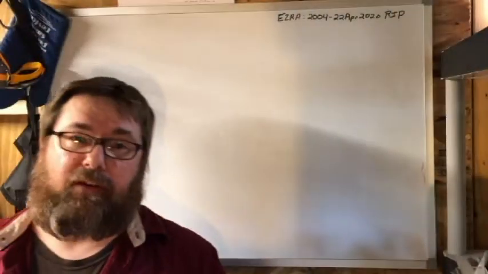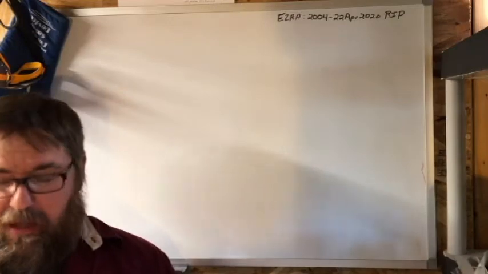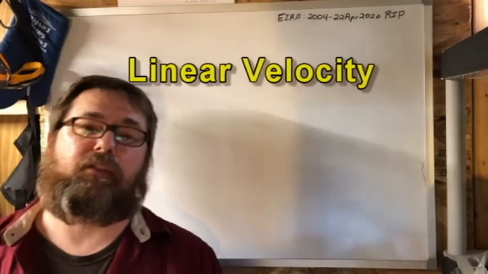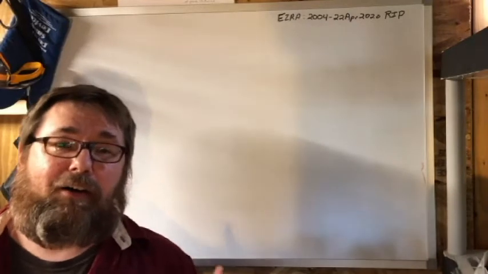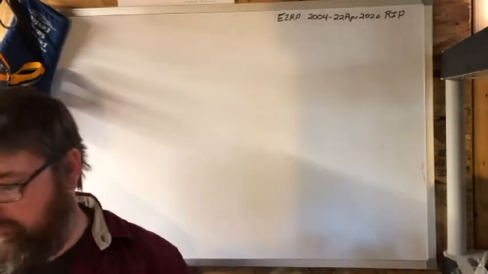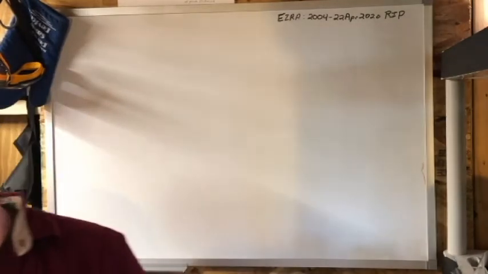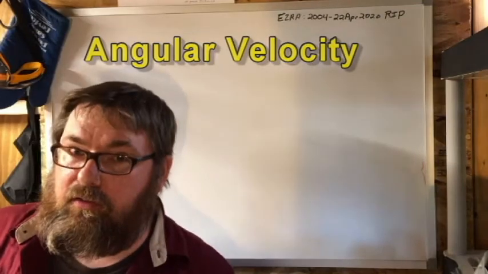You are going to see graphics depicting two things, angular velocity and linear velocity. Linear velocity is basically the speed of something moving in a straight line without curving or turning, okay? Angular velocity addresses the turning.